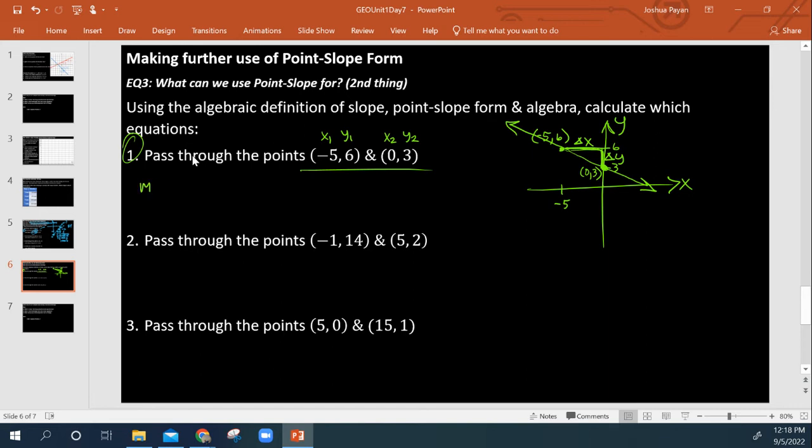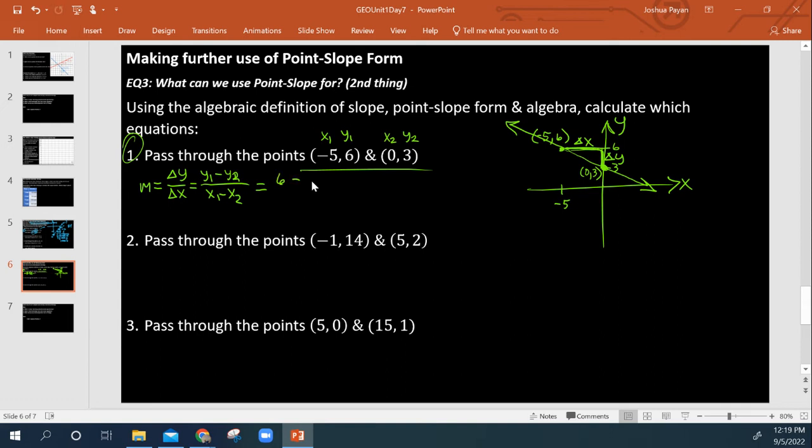Okay, from that, we have a formula that we can use, right? Slope is always equal to the change in y over the change in x, or even more specifically, we can just say the difference in the y values, y2 minus y1, over the difference in the x values. Literally the change in y over the change in x. So we can use this reference here to just plug in values where they go.